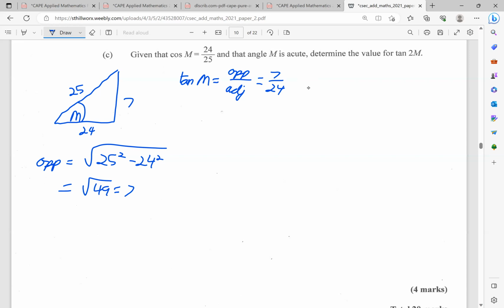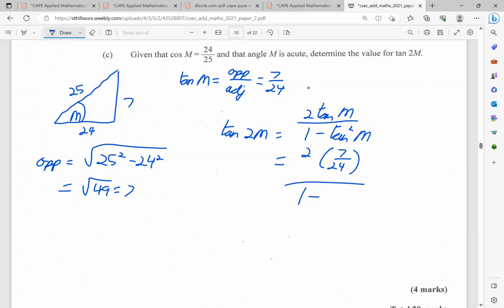So I would get now tan 2M is 2 tan M over 1 minus tan squared M. So we'd get 2 times 7 over 24, over 1 minus 7 over 24 squared.